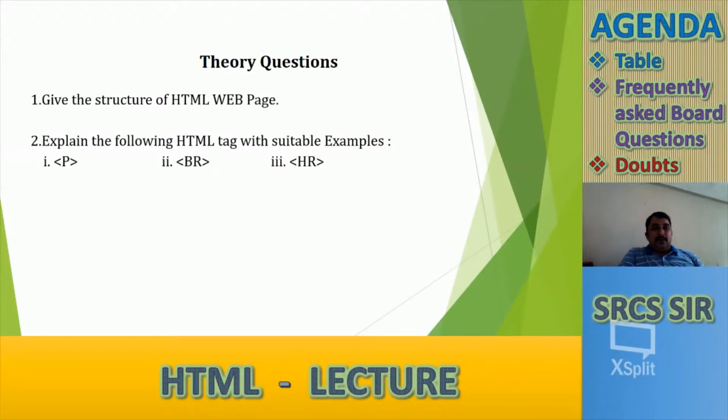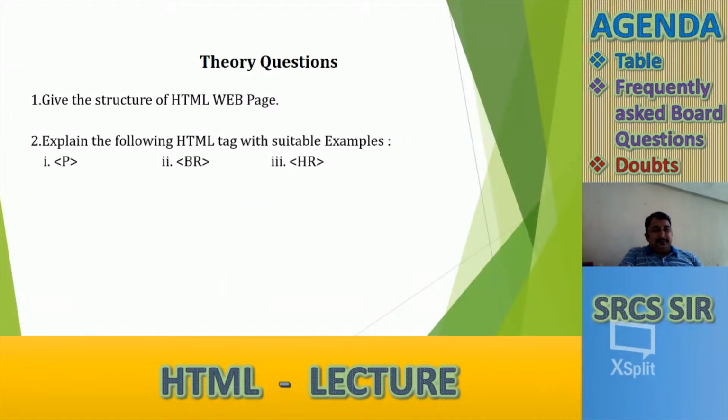Explain the following tags with suitable examples: paragraph tag, BR tag, and HR tag. Definitely, I will send you the PowerPoint in the college groups. Please listen now at least. Whenever the questions are like this, it is very clear that 1 mark will be given for each tag.